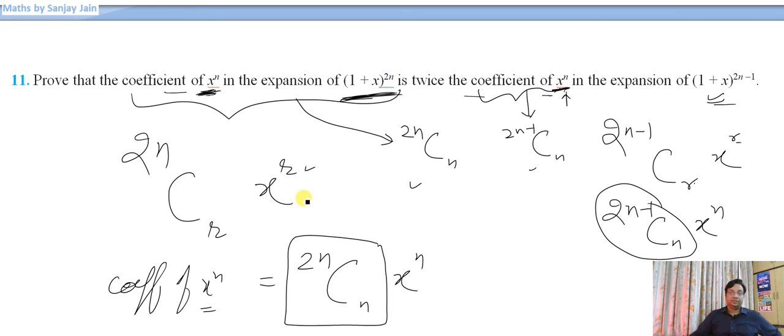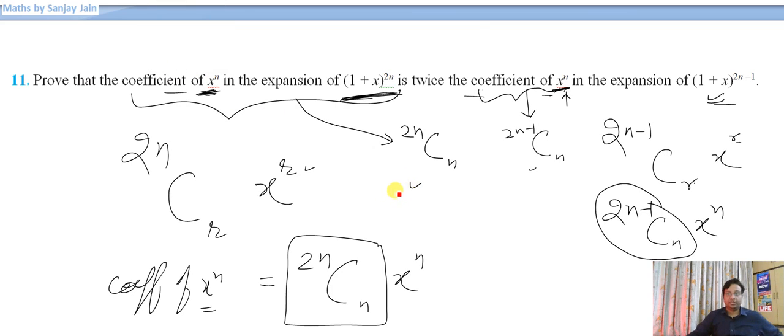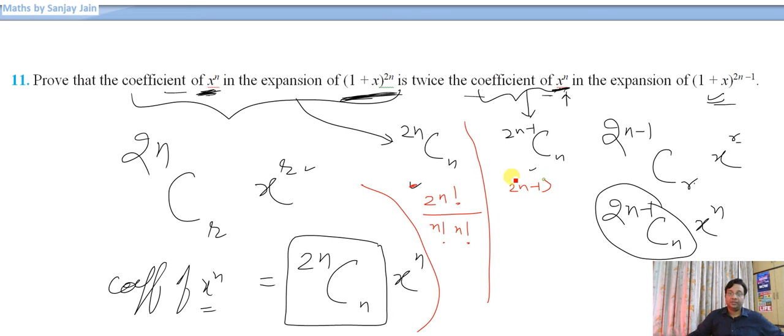How do I check that? I can do that by writing this in expanded form. That is 2n factorial divided by 2n minus n, that is n factorial into n factorial. And what about this? This is 2n minus 1 factorial divided by 2n minus 1 minus n, so it will be n minus 1 factorial into n factorial.